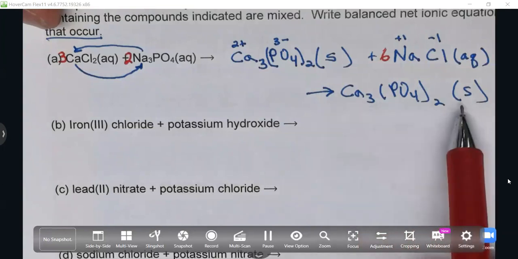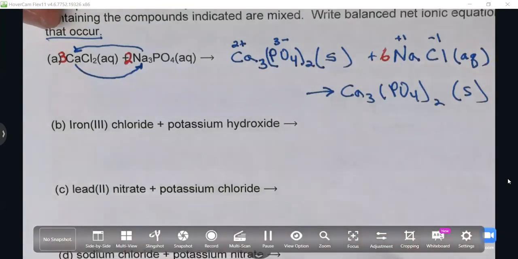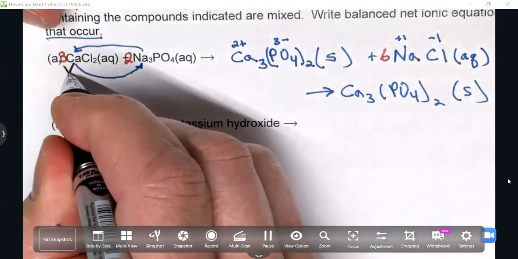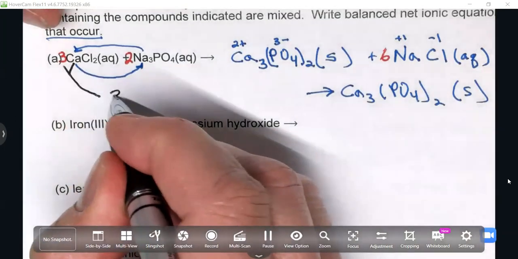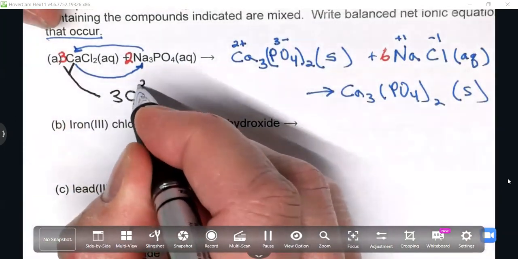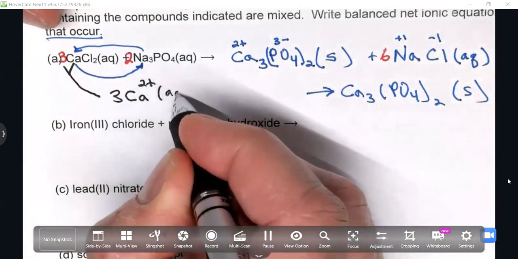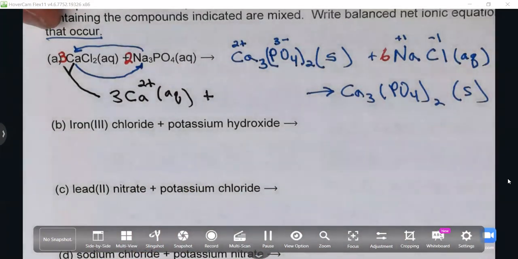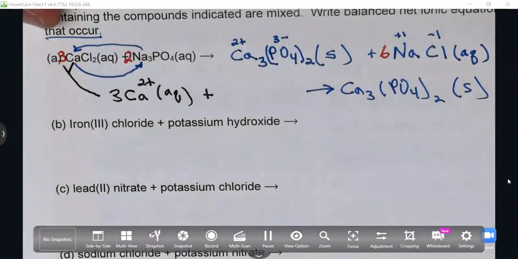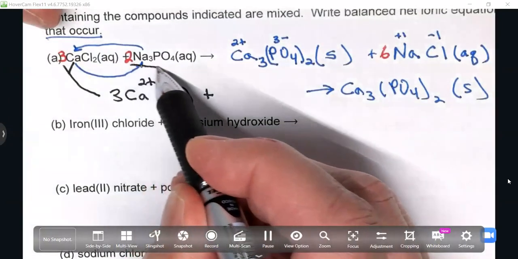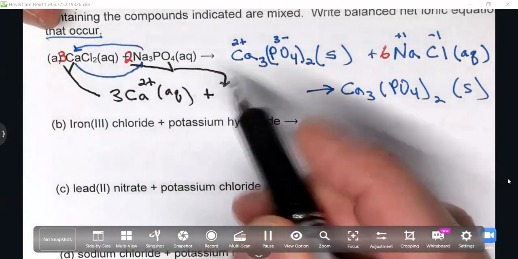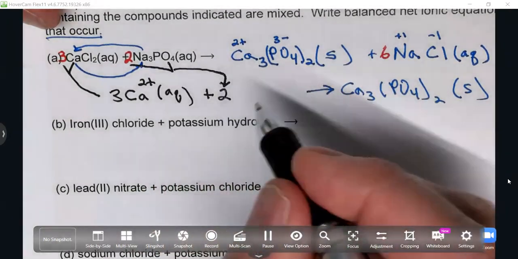My net ionic, without writing out my complete ionic, is going to be this: three calciums right there plus 2 phosphates.